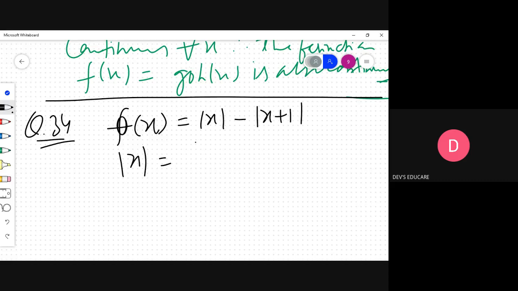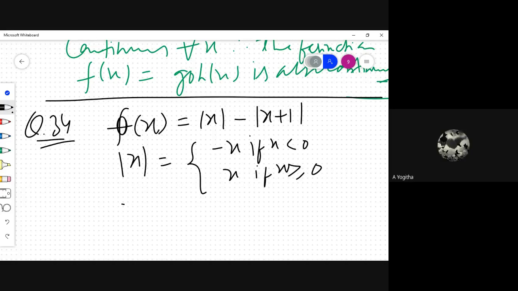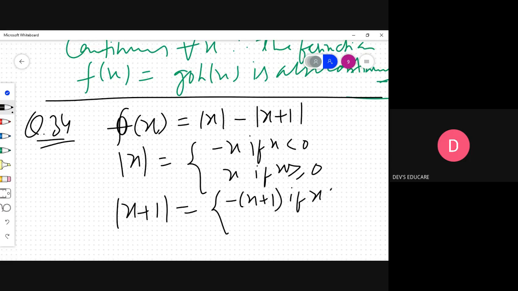We know that mod x is minus x if x is less than 0, and it is x if x is greater than or equal to 0. For mod of x plus 1, it is minus x minus 1 if x is less than minus 1, and x plus 1 if x is greater than or equal to minus 1.